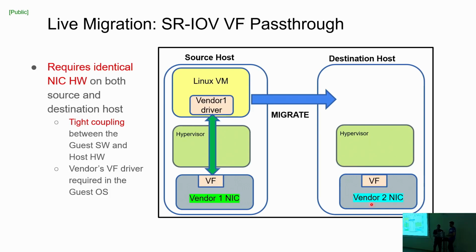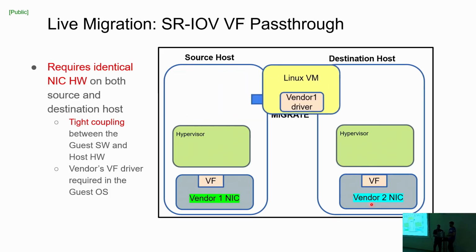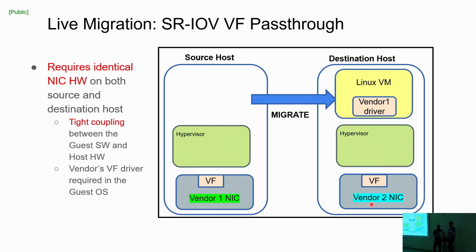When we attempt this migration, we need to stop the VM. We migrate this virtual machine to the destination, and then when we resume operation, it doesn't work. The reason is simple: you need to load the vendor 2 driver within the guest in order for it to allow the data path. That's the problem that we see with live migration of VMs using SRIOV VF pass-through.